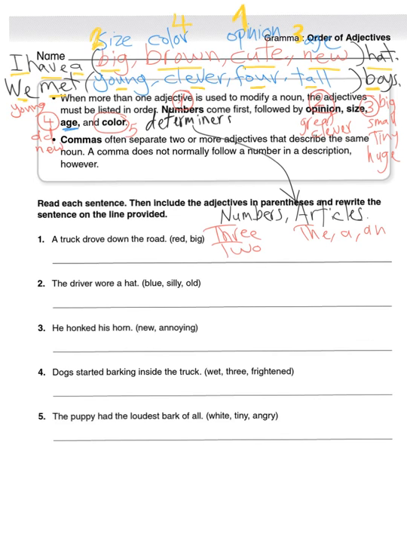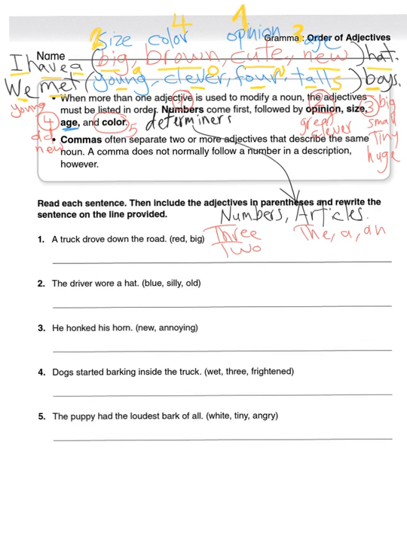Now, what about young? Who can tell me? It tells about the age. I will write A only. What about clever? Clever tells about my opinion. I will write O. What about 4? It tells about the number. So I will write N. What about tall? It tells about the size. So I will write S.